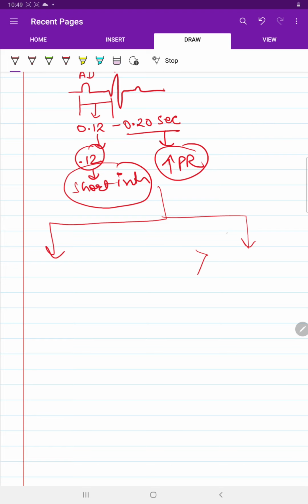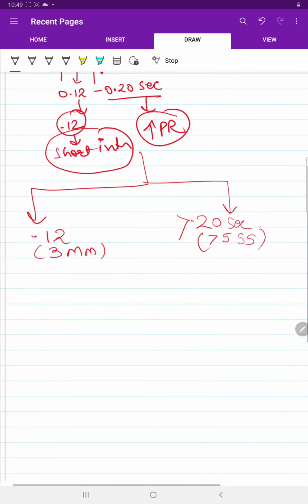We say long PR interval is more than 0.20 second, or in a simpler way, more than 5 small squares. Short PR interval is less than 0.12 second, or less than 3 small squares.